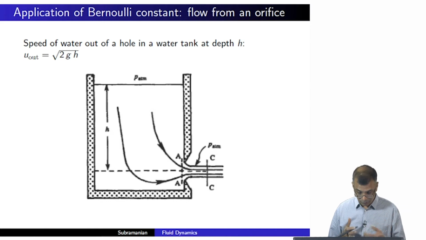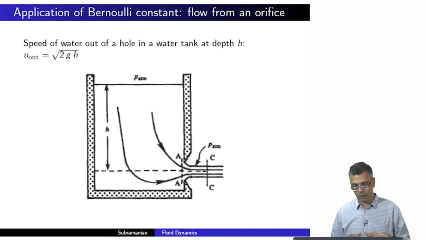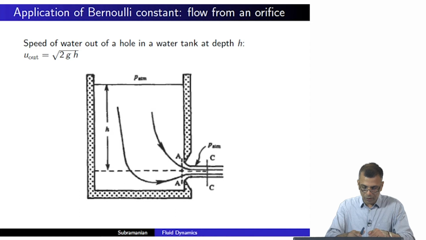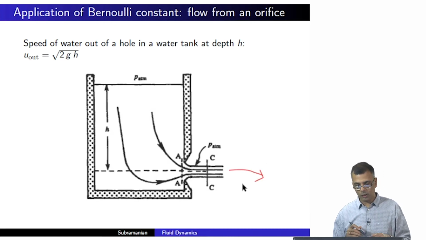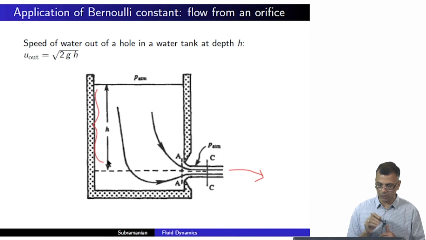The entire container is subjected to atmospheric pressure, and you have water receding from the top under the influence of gravity, and you have water flowing out from here like so. The question is, what's the speed at which water flows, and the height of this is h right here.